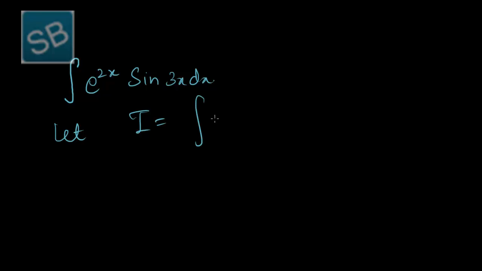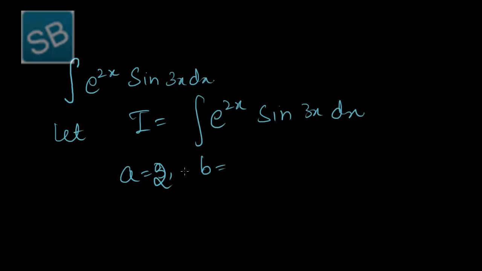Now we have to find out the integration of e raised to power 2x sin of 3x dx. So here we can use this formula. Let I is equal to the integral of e raised to power 2x sin of 3x dx. So if we see here, a is equal to 2 and b is equal to 3 and k is 0.